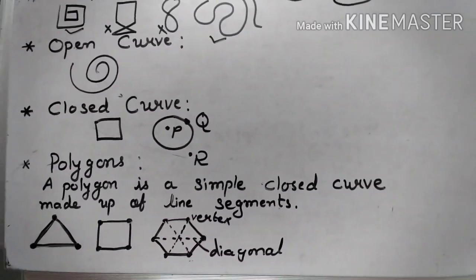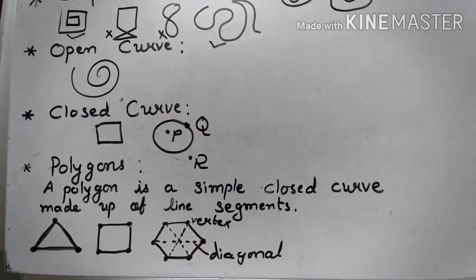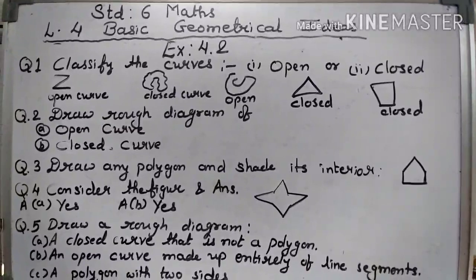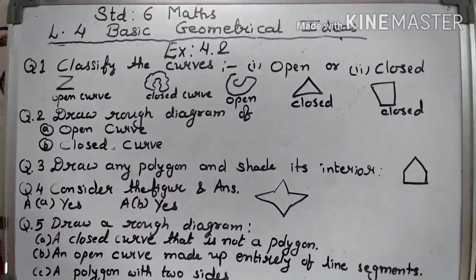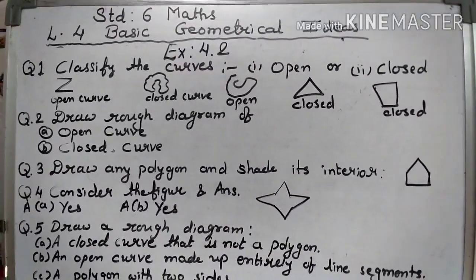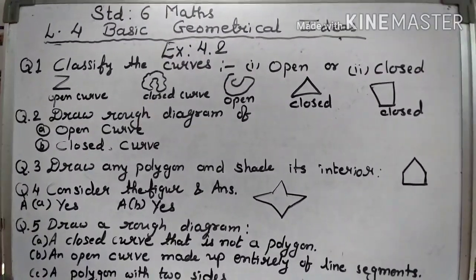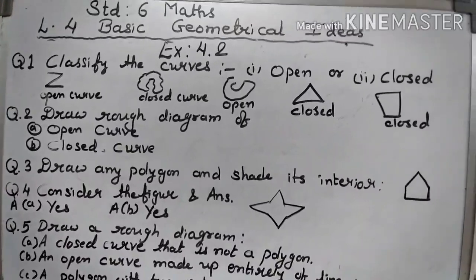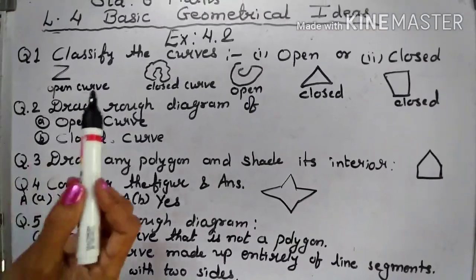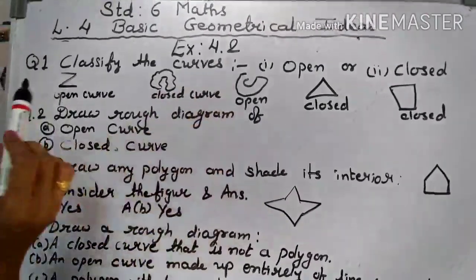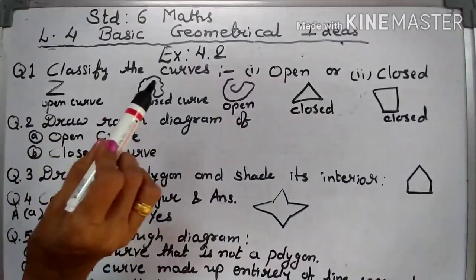Now, let's move to our exercise 4.2. Students, you have learned about different curves: open curve, closed curve, simple curve. Now, our next exercise 4.2, question number 1, classify the curves.